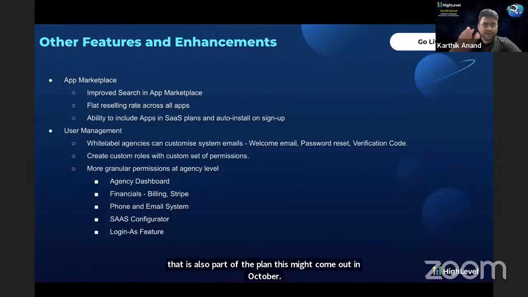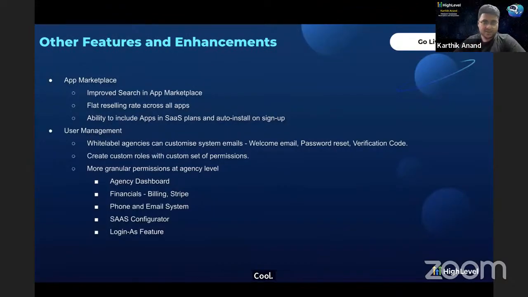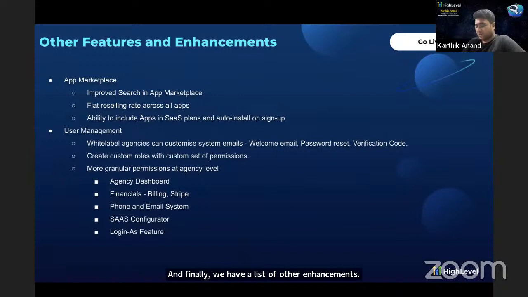Cool. And finally, we have a list of other enhancements. One, we're improving the search in App Marketplace. Today, we only match the app name. We're extending that to almost everything related to an app, and also prioritizing results. It's going to be a great search experience. Next, flat reselling rate across all apps. Today, you have to set it per app.